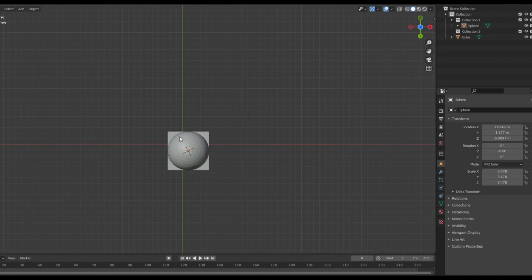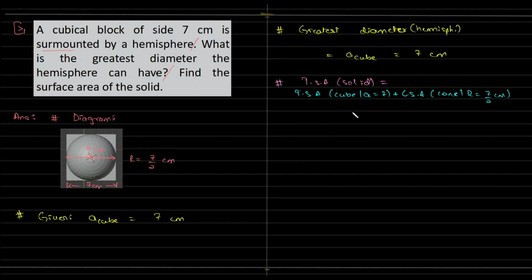What is this surface? It's not a volume, remember, it's a surface. Forget about it being 3-dimensional. What does it look like? It looks like a circle, is it not? So we need to subtract the area of a circle whose radius is 7/2 centimeter.